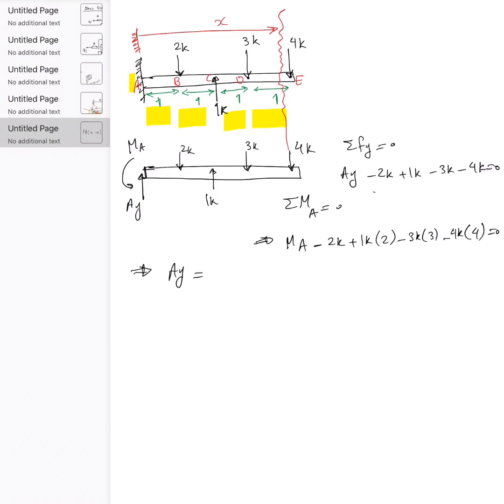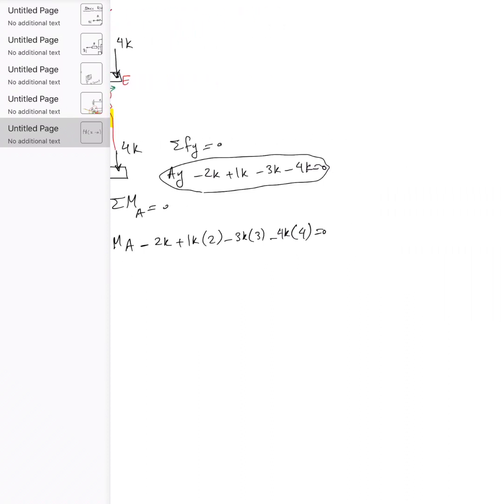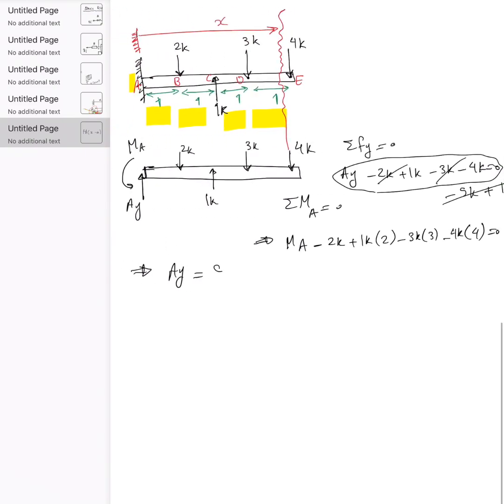So if I solve the first relation, I get AY is equal to negative 2, negative 3, negative 5. Let's put it right here. Negative 2, negative 5, 5K plus 1K, negative 4K. So this is going to be negative 4K, negative 8K. Take it to the right, positive 8K.